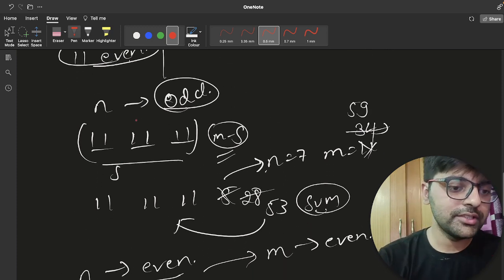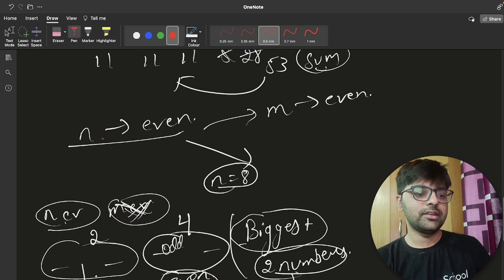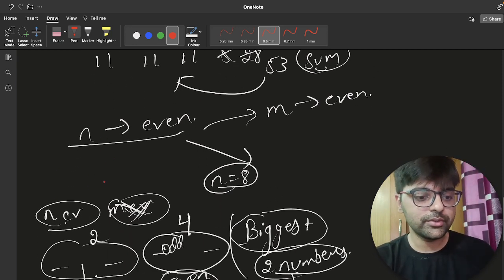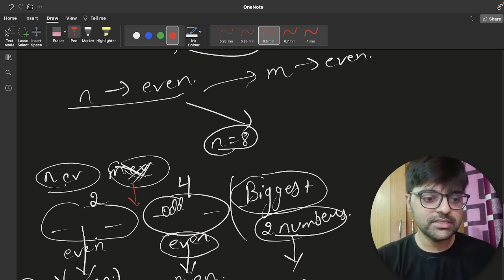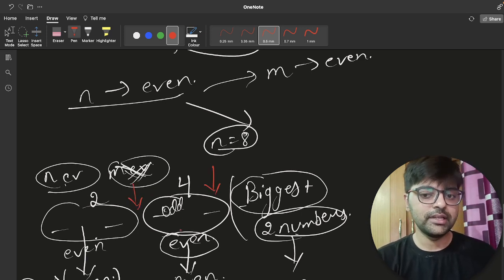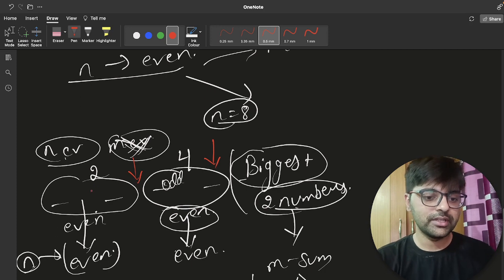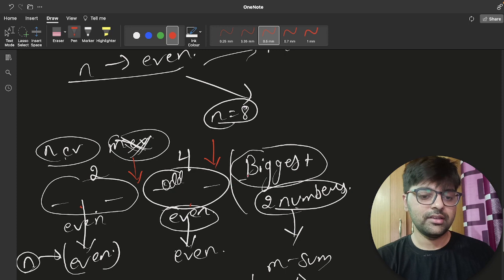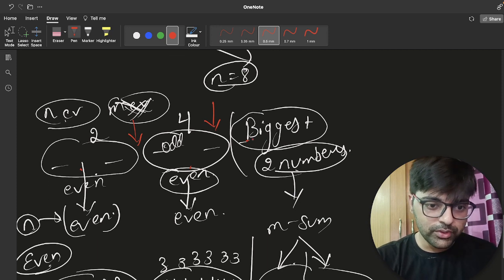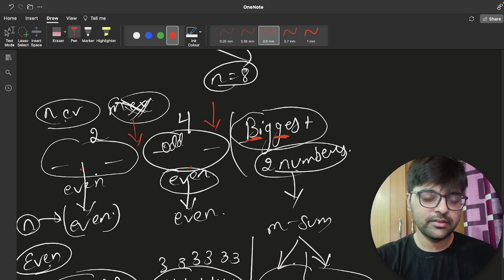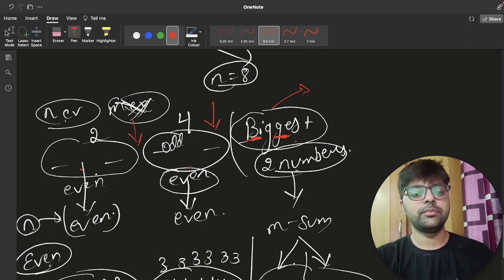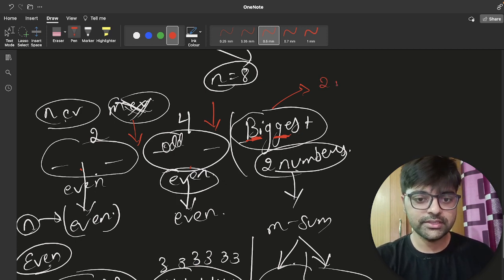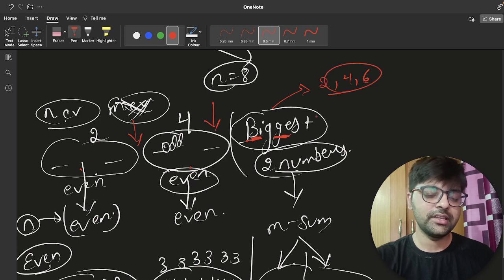If n is odd, then you know the solution. If n is even, then we know that there must be some of the biggest number, the biggest number will be present some number of times, and the numbers smaller than that will have an even count. So this is even, and the number of elements left is n here, so there must be at least 2 numbers present, the biggest, let's say 2 or 4 or 6, will be present an even number of times, so I am considering an even number of times.